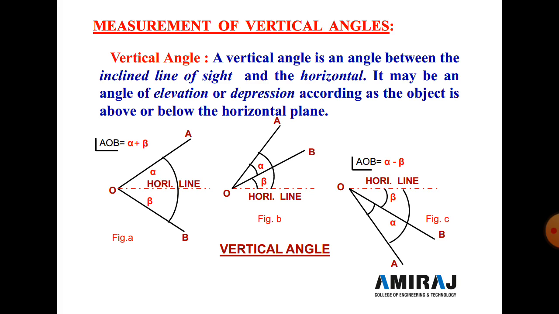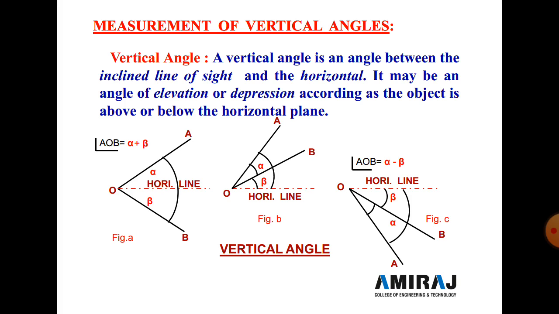And here you see three cases. Here, case number 1. Angle AOB is a summation of the angles alpha and beta. So angle AOB is alpha plus beta. Now here, alpha is a positive angle and beta is a negative angle.